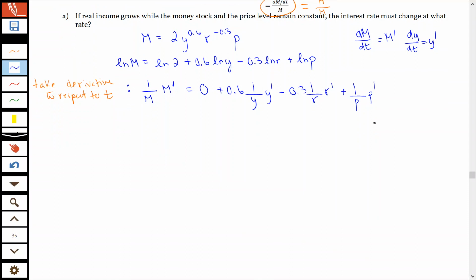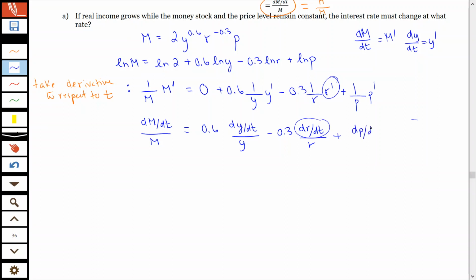And here's the incredible thing about this. You can write it like this, or you could have also written it as dM/dt divided by M equal to 0.6 dY/dt divided by Y minus 0.3 dR/dt divided by R. We're just subbing in that those derivatives are the derivatives with respect to time.